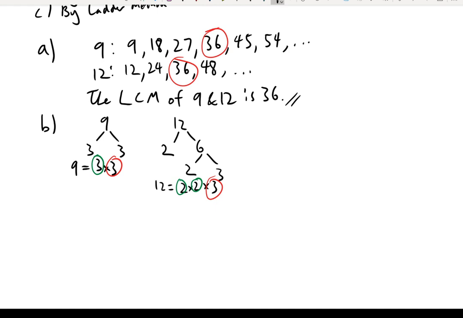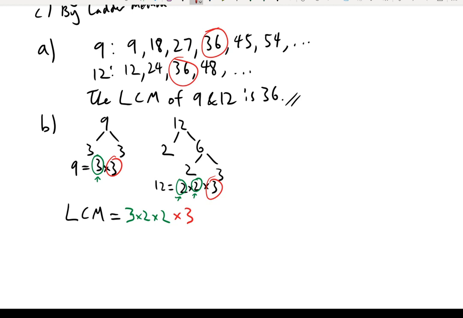So I would first say LCM is equal to, the green one will be 3, that's 1 over here, and then there's another 1 over here times 2, and there's another 1 over here times 2, and then lastly, for the red one, the one that is in common, I would only write it once. Only once is enough, because we're talking about common multiples, okay?